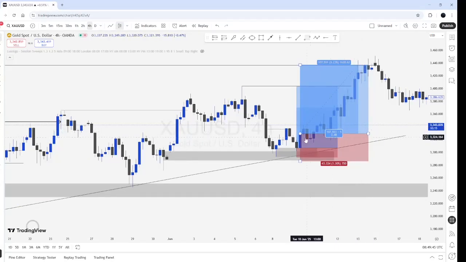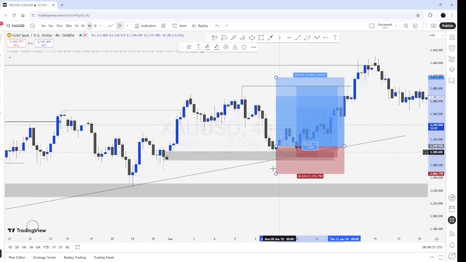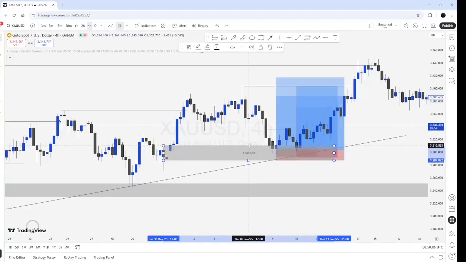Or you can use this candle, or you can use the tap here. So depending, maybe you might extend it to this side.